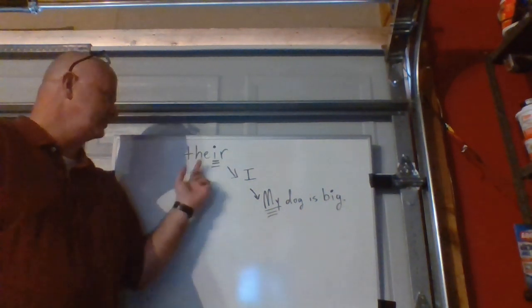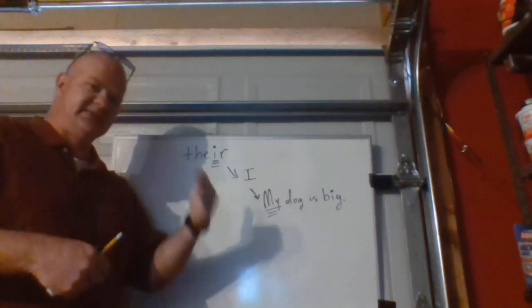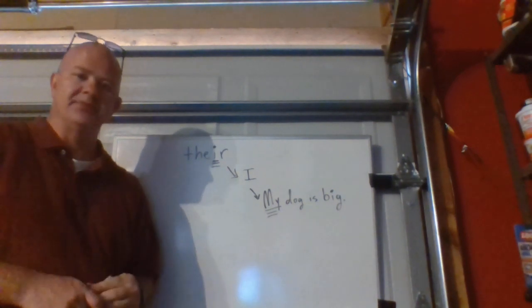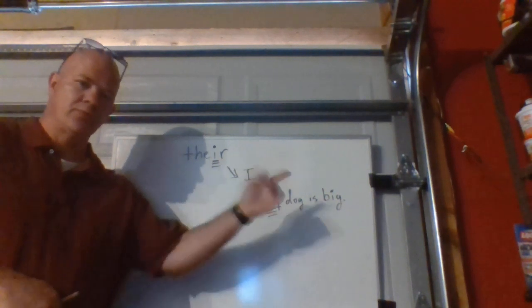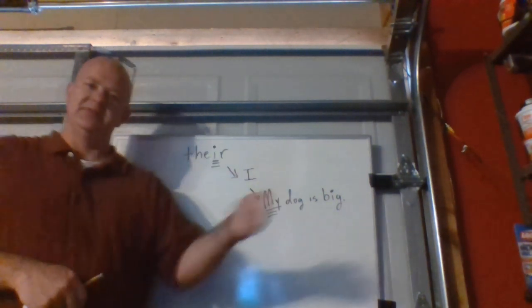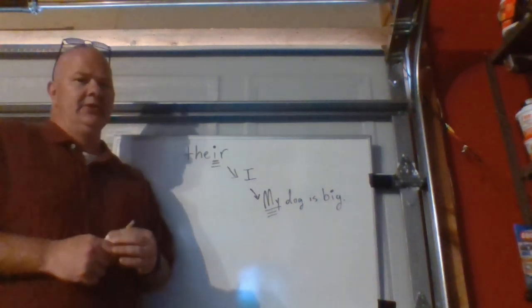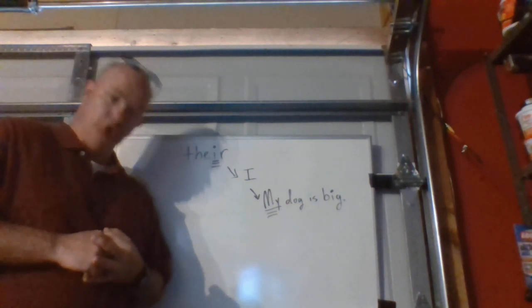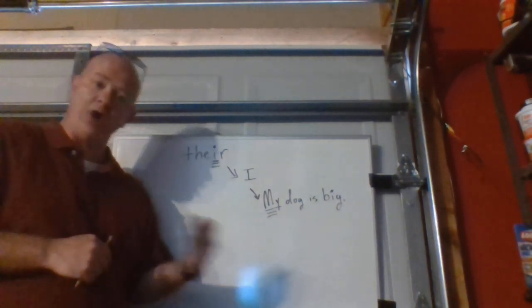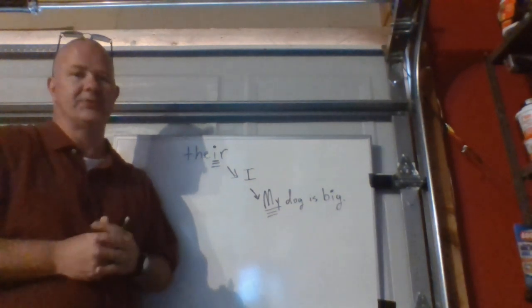That's important because in this situation, T-H-E-I-R is used as a pronoun. So you could take the word their out of the picture, replace it with the word my, and still have it make sense. So if I said their house is new, T-H-E-I-R, because I could say my house is new, and it makes sense.